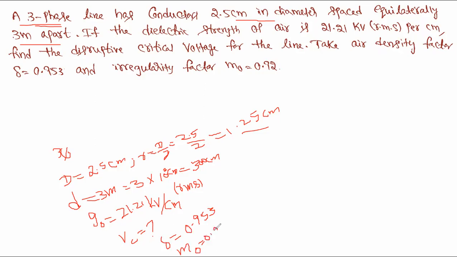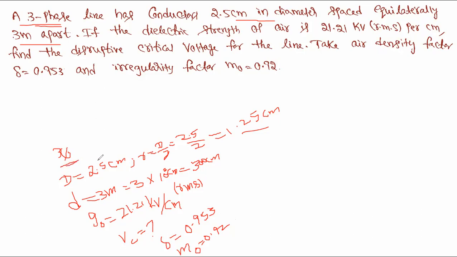Suppose the problem does not give the irregularity factor, then by default you assume a smooth or polished conductor, the irregularity factor m naught equal to 1, and the air density factor is also assumed to be unity. For rough and dirty surface conductors, the irregularity factor is 0.92 to 0.87. In this problem the data is clearly given.